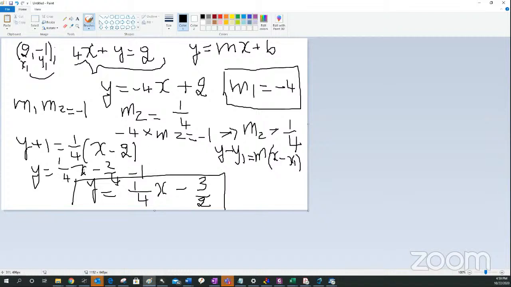So you have y equal to 1 over 4x minus 2 over 4 minus 1. That would give you minus 2 minus 4, which is 6, divided by 4. So 6 over 4 is also 3 over 2.